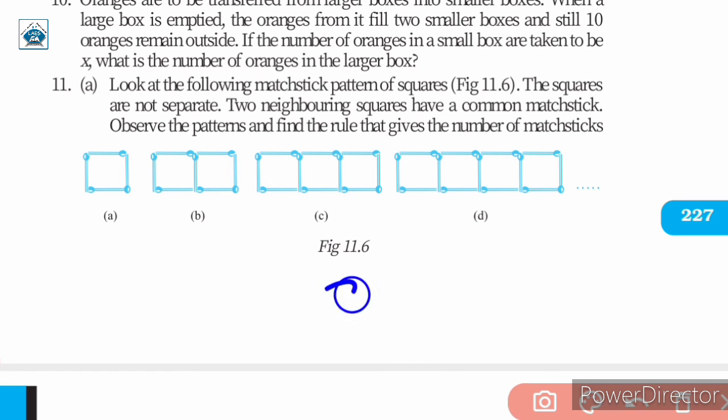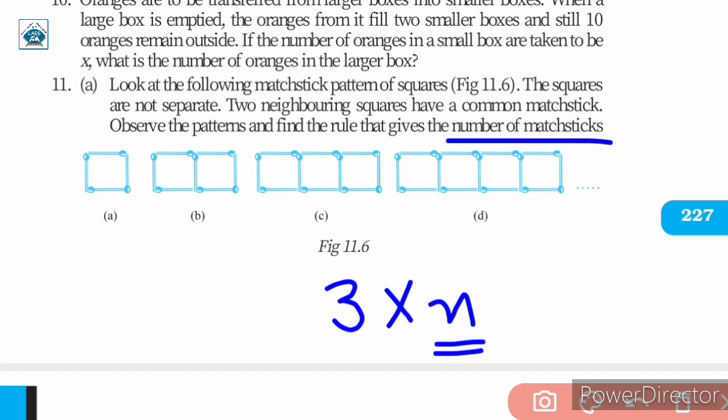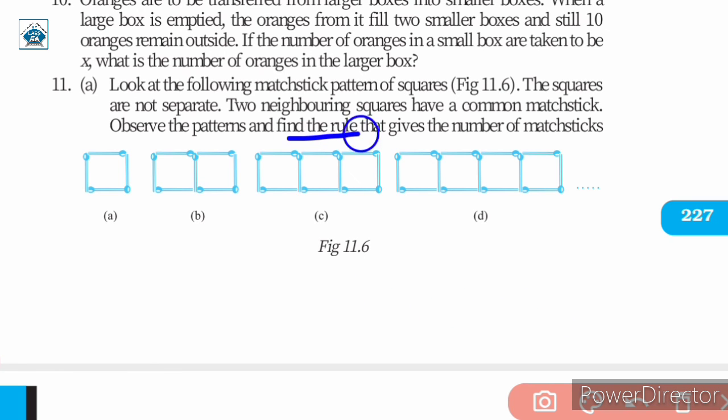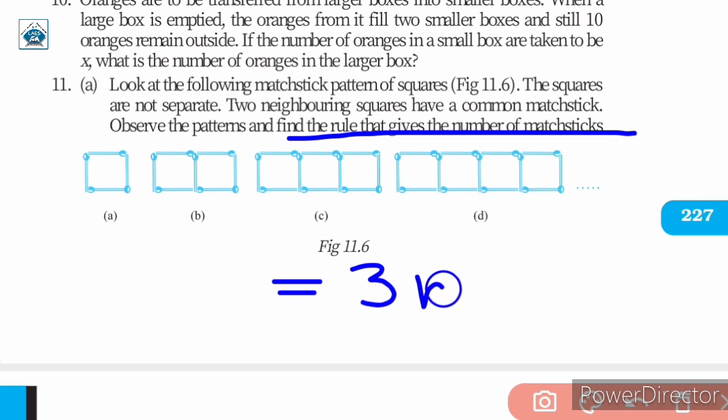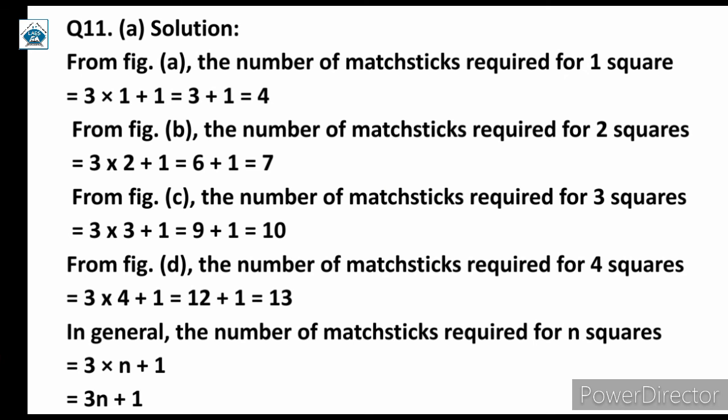So in the similar manner for n number of squares, here n is the number of squares, the number of matchsticks will be equal to 3 multiplied by n plus 1. So we got the rule to find the number of matchsticks, which is equal to 3n plus 1. In this way, you need to write the solution in your notebook.